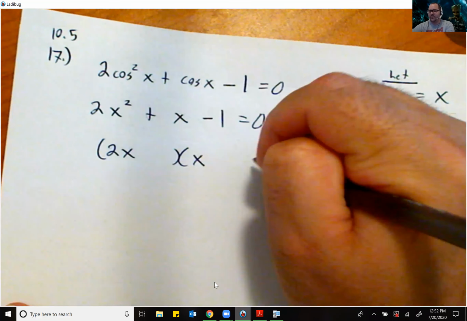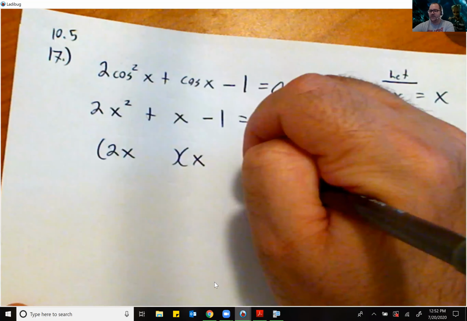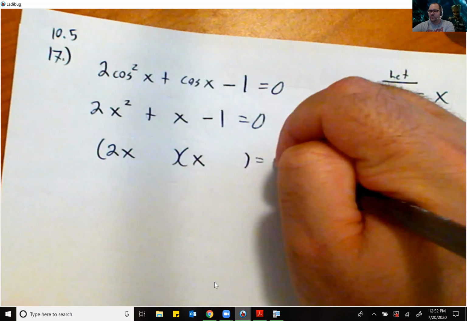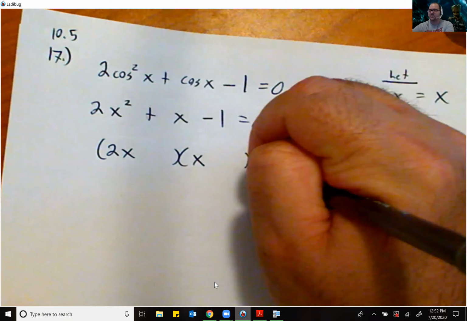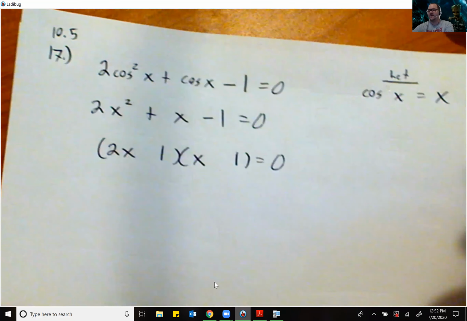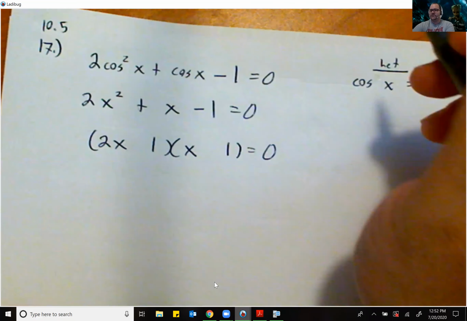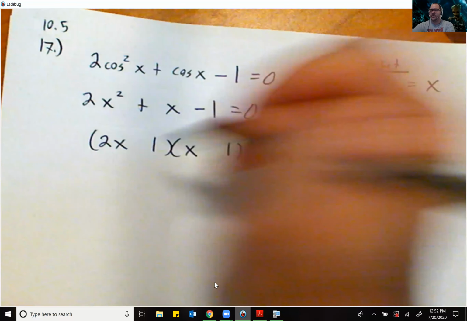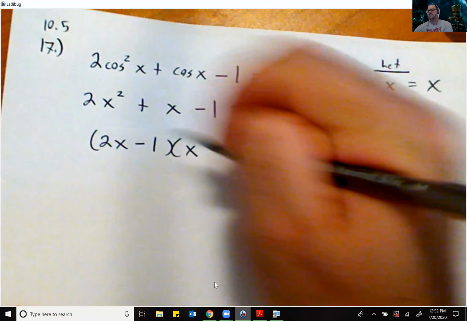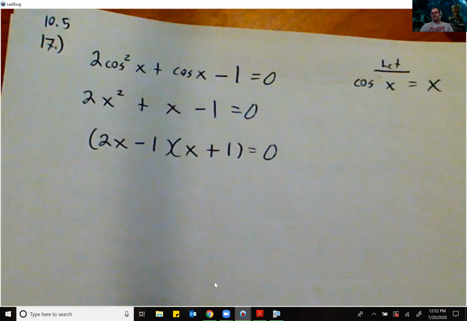One of these is going to be a plus, one of them is going to be a minus. Both of these have to be 1s. This is the minus, that is the plus. Making sure. Yep. So there's what it factors out to.